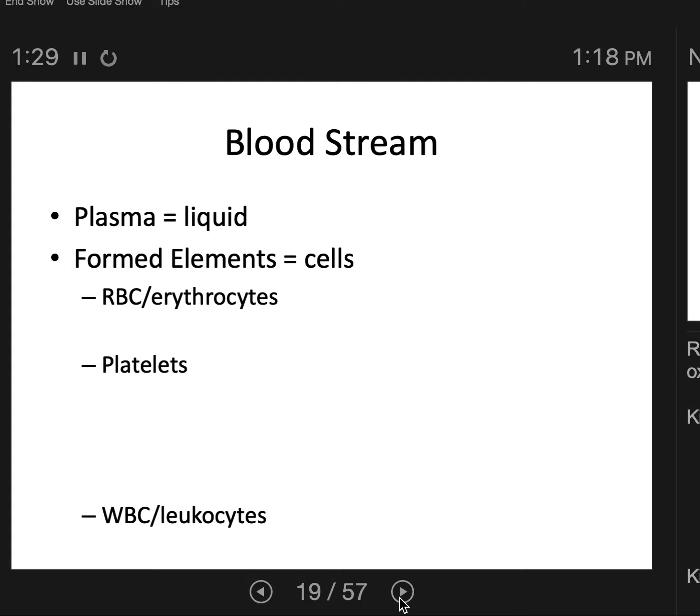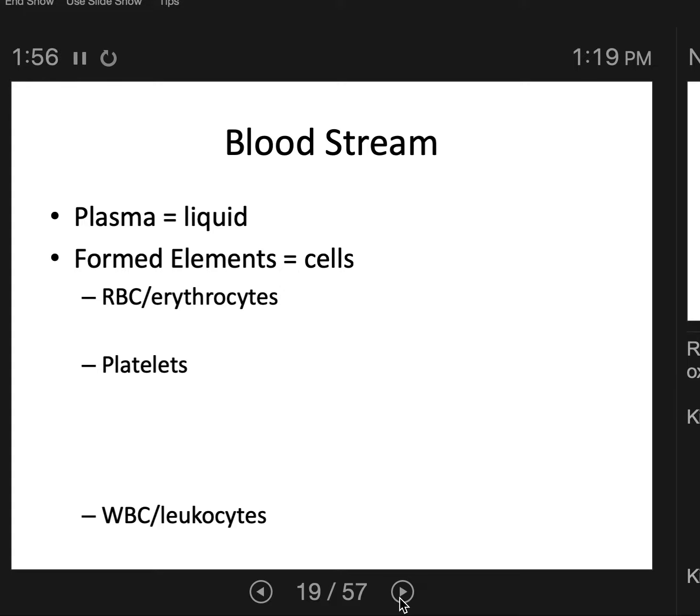It's got all the gases you like, oxygen, carbon dioxide. It's got nutrients, electrolytes. We're not going to go into plasma, but plasma is not just water. It has many, many important functions for health, for nutrition, for gas exchange, for immunity, just dissolved in the plasma itself. But we're just going to call it the liquid that everything else is floating in.